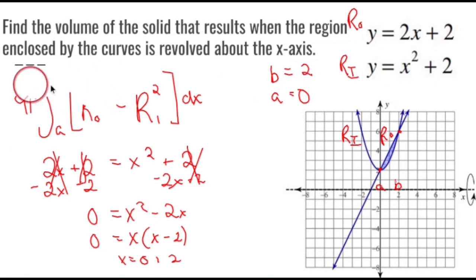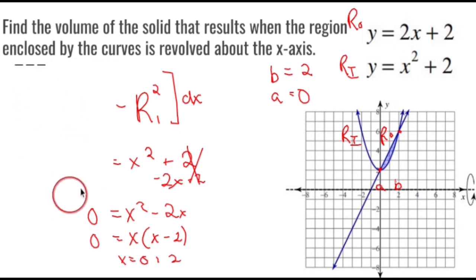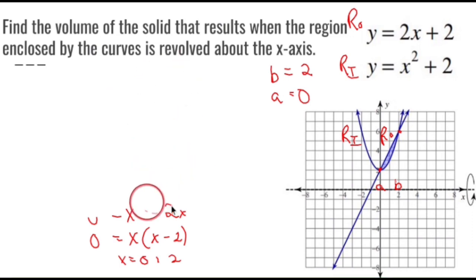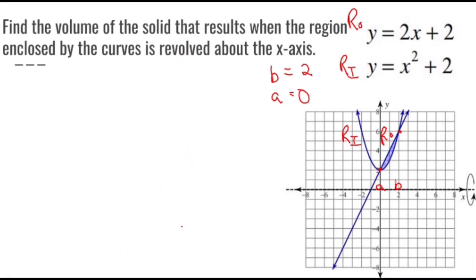So let me erase this whole mess. I'm not going to clear the screen because I want to keep this stuff over here. Okay, all right. I'll probably have to write small because I have a feeling this is going to be a mess. So I've got 2 and 0. I've got r sub o, which I said is going to be my line.